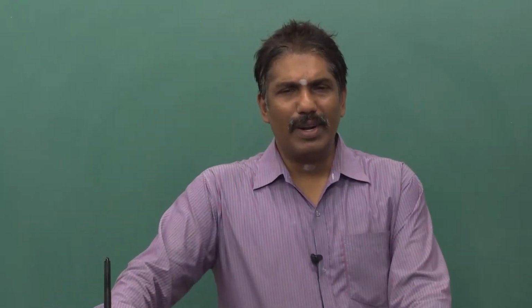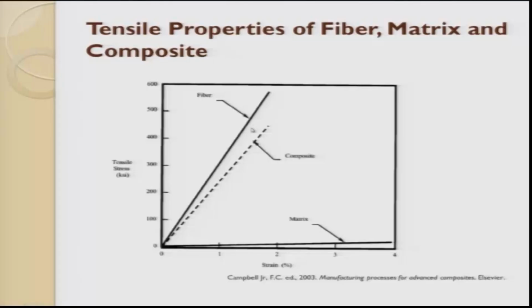So a little bit of understanding about the mechanical properties. Here you can very clearly see the influence of matrix with respect to tensile stress and strain. The matrix has a lot of strain, but the strength or the stress is very low. When you talk about a fiber, the glass fiber, there is not much strain, but the strength goes very high. Whereas a composite is somewhere in between these two.